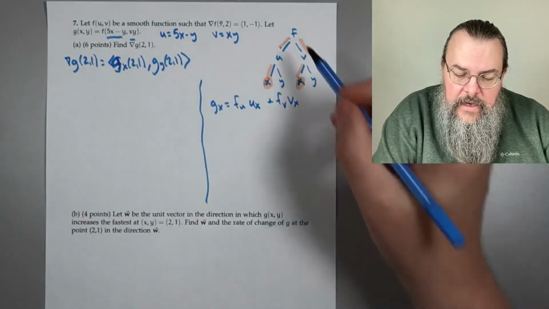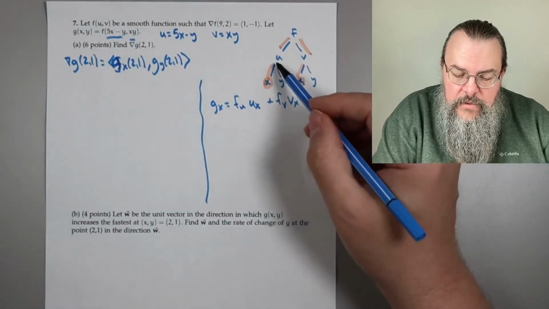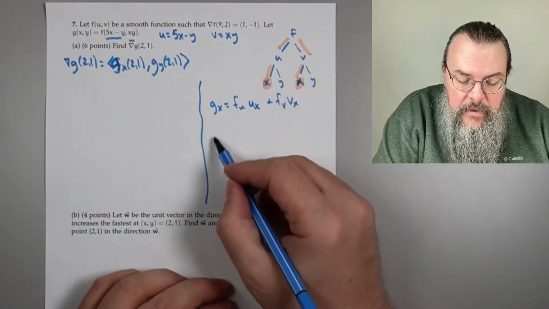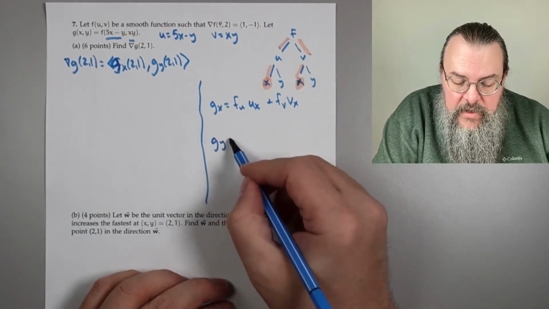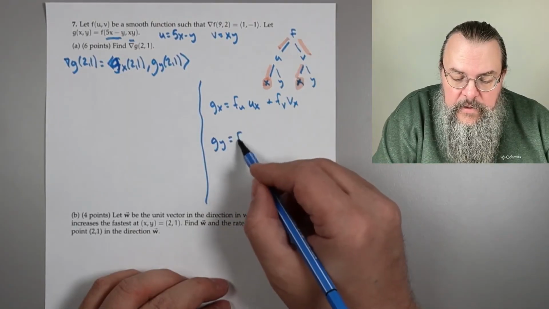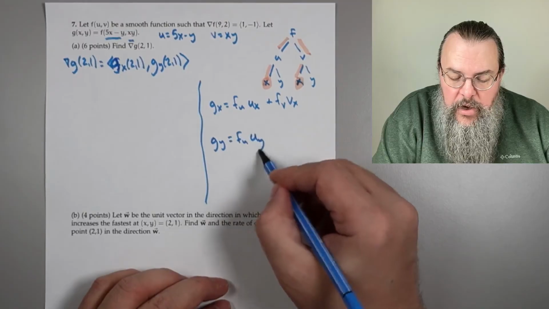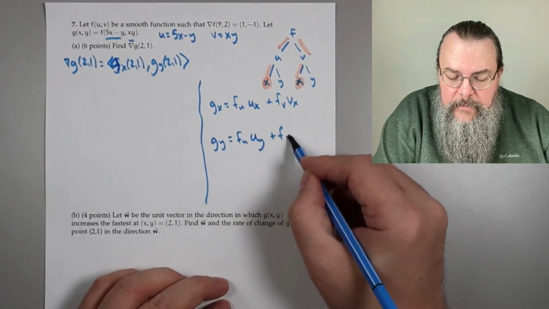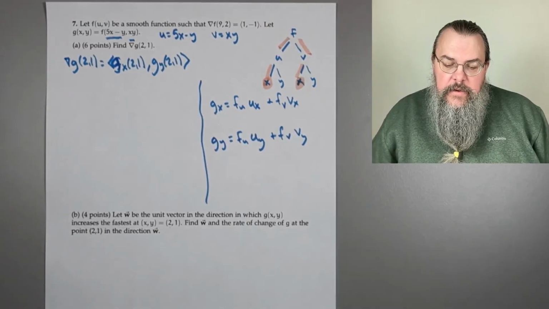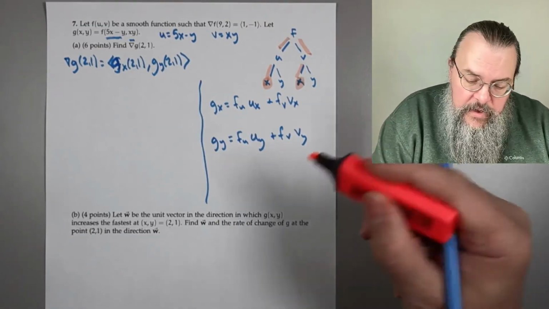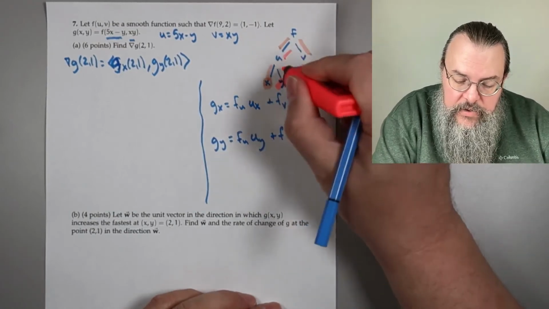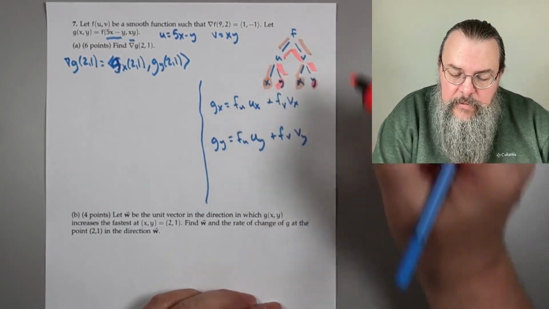We'll come back and fill in some details here. G sub y, similar, is f sub u, u sub y, plus f sub v, v sub y. Again, same idea. We see some y's, and we go down the tree to get to the y's.